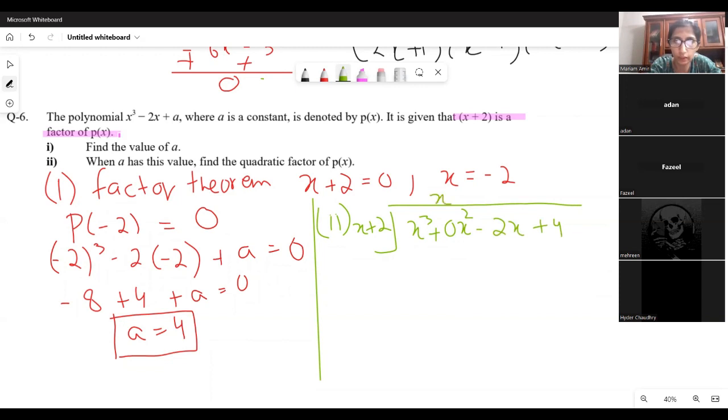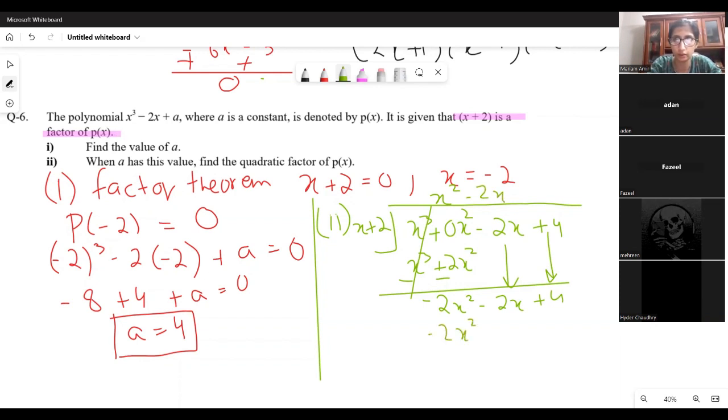Okay, so x squared, and then x cubed plus 2x squared. Change the signs. Minus 2x squared minus 2x plus 4. So then minus 2x, minus 2x squared minus 4x. 2x plus 4, so plus 2.